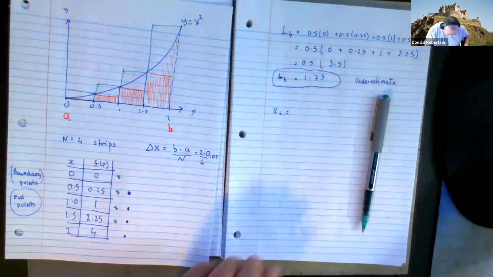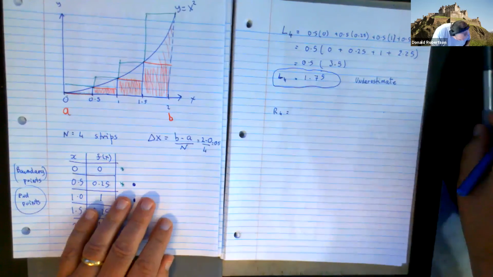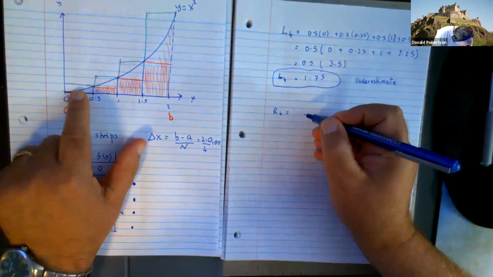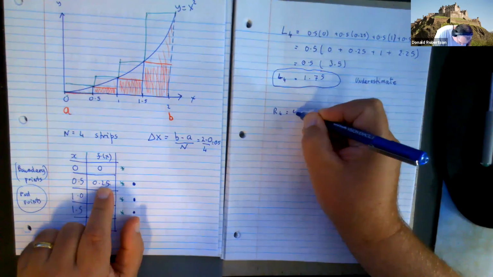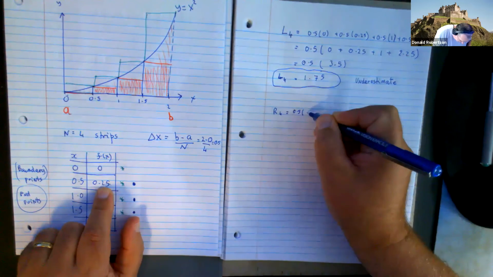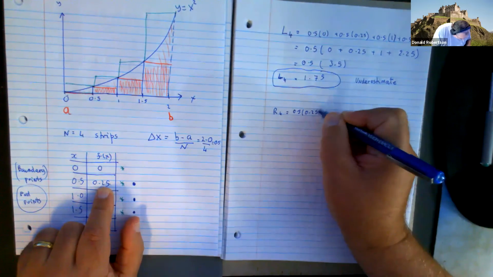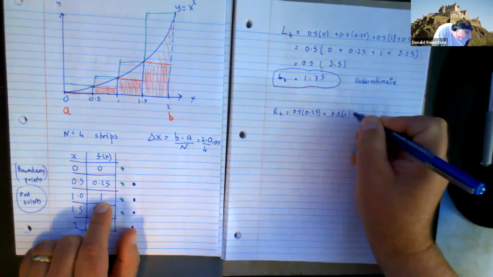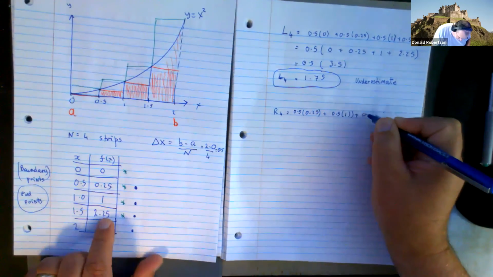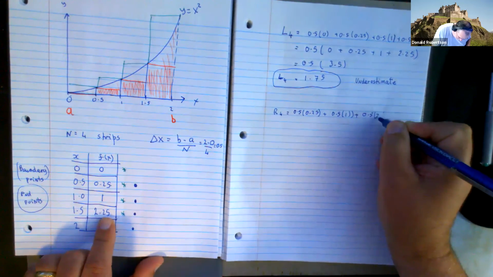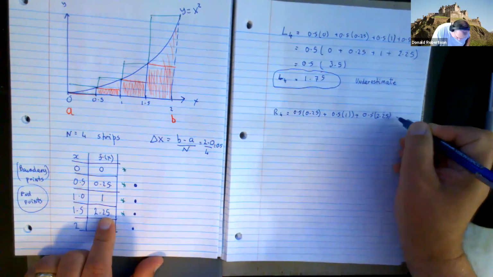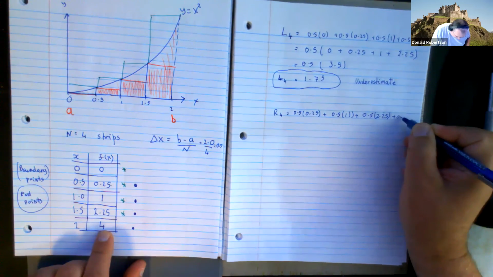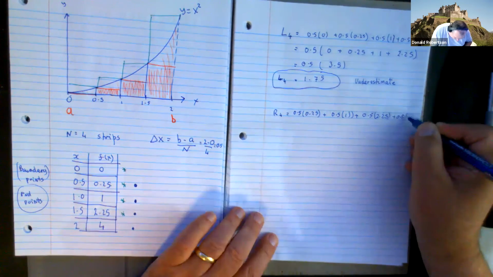Now, if I set it up the long way first and then abbreviate it, let's see what we get. The first rectangle is 0.5 times a height of 0.25. The second rectangle is 0.5 times a height of 1. The third rectangle is 0.5 times a height of 2.25. And the last rectangle is a width of 0.5 times a height of 4.